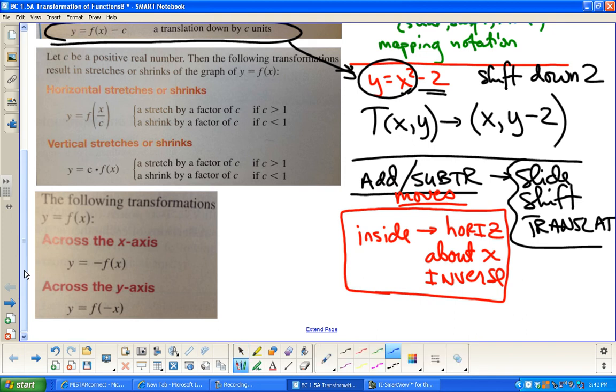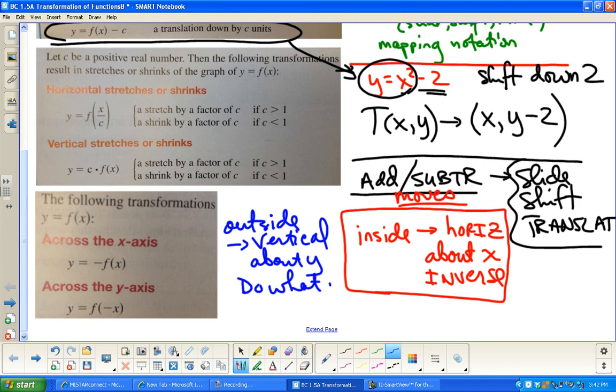Conversely, or inversely, if it's outside, it's vertical. It's about up or down. It's about y. And you do what it says. Don't do the inverse. Do what it says. Okay?